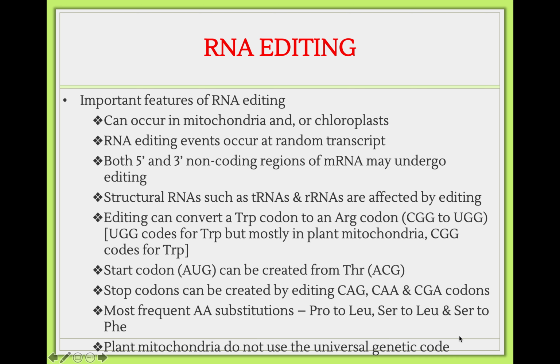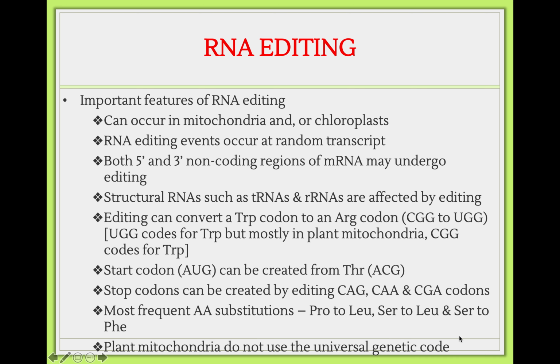So editing can convert an arginine codon to a tryptophan codon from CGG to UGG. Okay, so UGG codes for tryptophan, but mostly in plant mitochondria, CGG codes for Trp. Okay, so don't be confused because in plant, RNA editing is actually a bit mind-boggling.